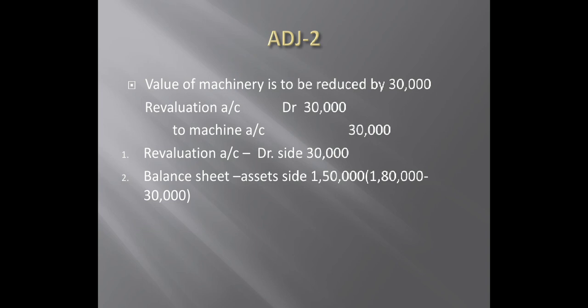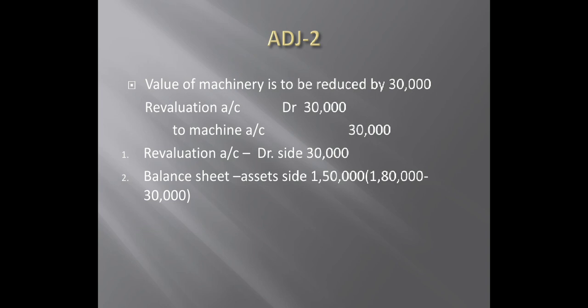And as you know very well, in revaluation account, we always record the amount which has increased or decreased for assets and liabilities, or say provisions. So here in the second adjustment, they have directly told us how much amount has decreased for machine. It is 30,000 rupees. So this is a decrease in the value of an asset.